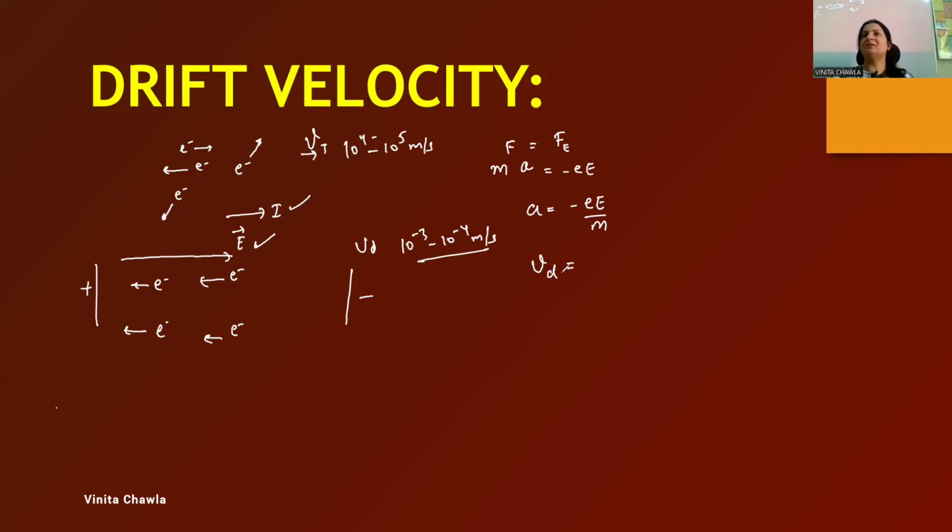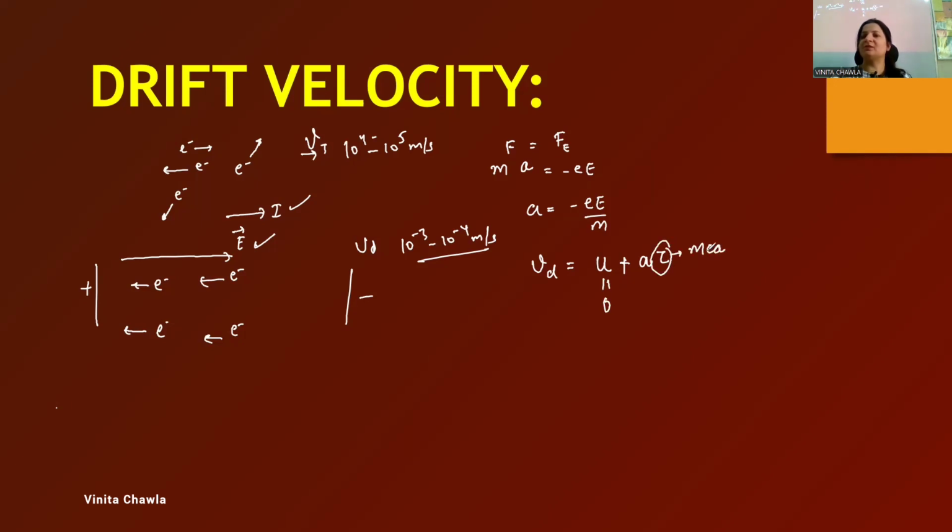Average drift velocity is mean of all the velocities of different electrons which are moving in a conductor. Okay, is equal to average thermal velocity plus acceleration and tau. Tau is the relaxation time, and this is 0. This is the mean relaxation time.